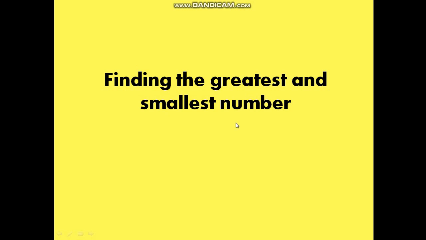Finding the greatest and the smallest number. Greatest among the given numbers is the biggest number. So there is a comparison of more than two numbers. Smallest, again among the given numbers which are more than 2, is the smallest number.